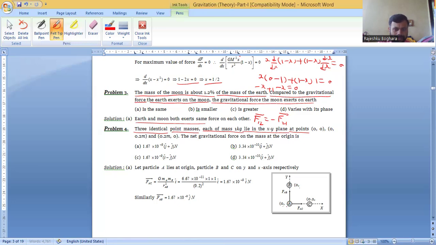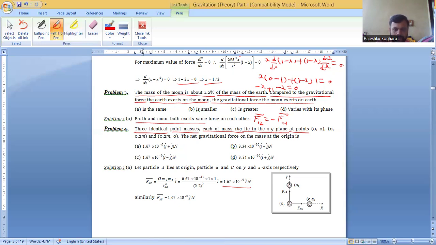First, let A lie on the origin, and particles B and C on the Y and X axes respectively. Then how much force does C apply on A? G m1 m2 upon r square, which is 6.67 times 10 raised to minus 11, mass 1, divided by 0.2 square, in this direction i cap. So 1.67 times 10 raised to minus 9 i cap newton.